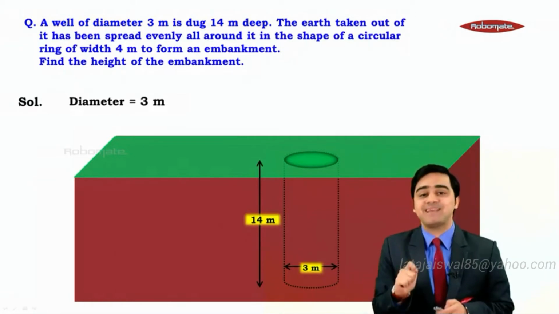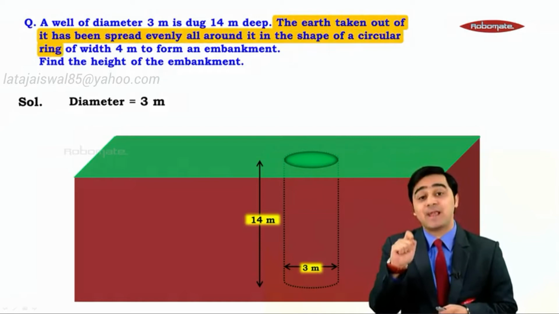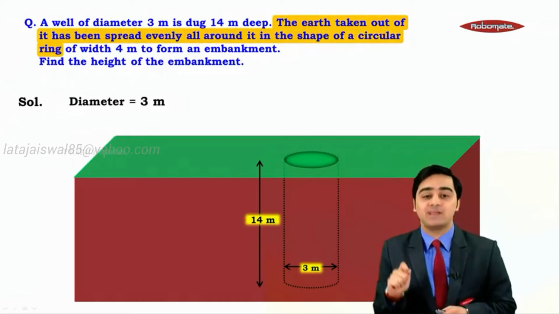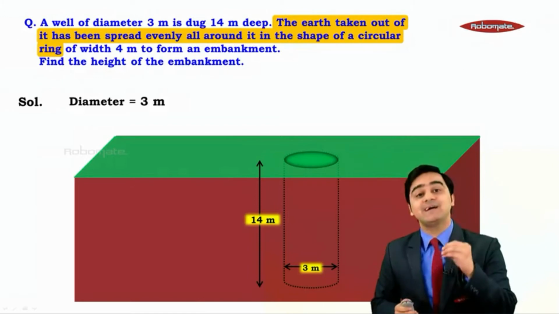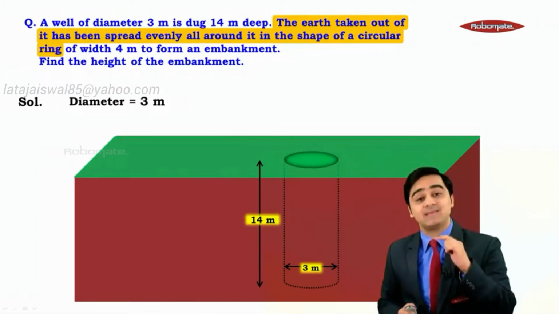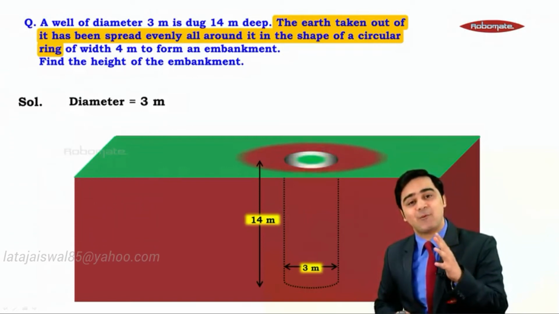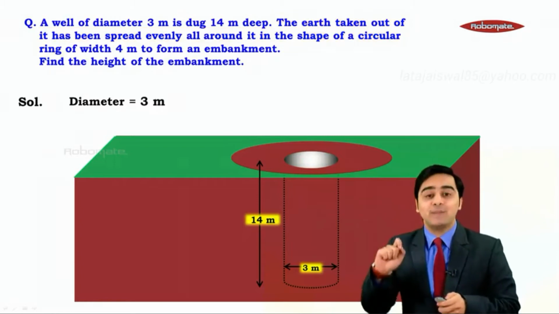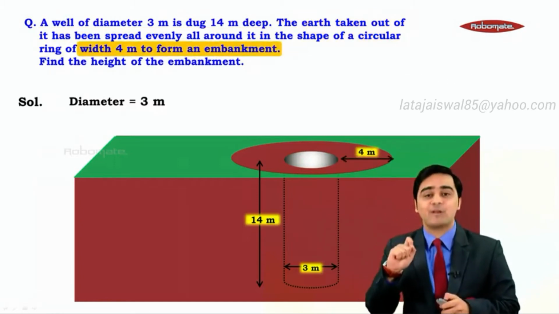Next statement says that the earth taken out of it has been spread evenly all around it in the shape of a circular ring. So remember, the earth which is taken out of this cylindrical well is spread evenly all around it and it is in the shape of a circular ring. We have been provided with the width of the circular ring and it is equal to 4 meter.